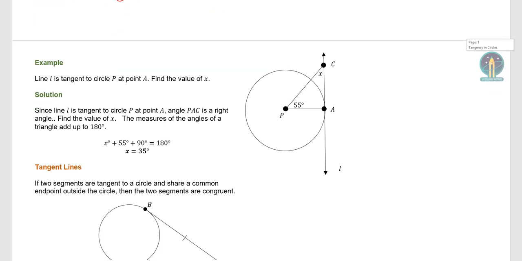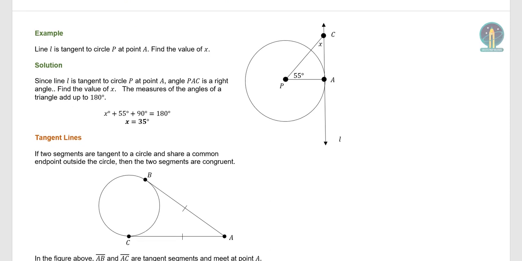Okay, let's look at an example. Line L is tangent to circle P at point A. So this is line L, circle P, point A. Okay, so we need to find the value of x, which is this angle in the triangle. Well, we're only given the central angle, but since L is a tangent, the point of intersection with the radius has to be a right angle between the radius and the tangent.